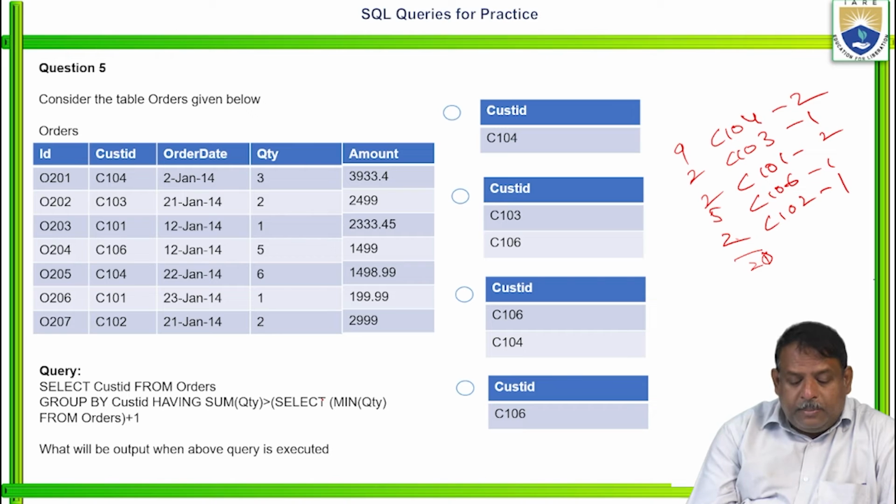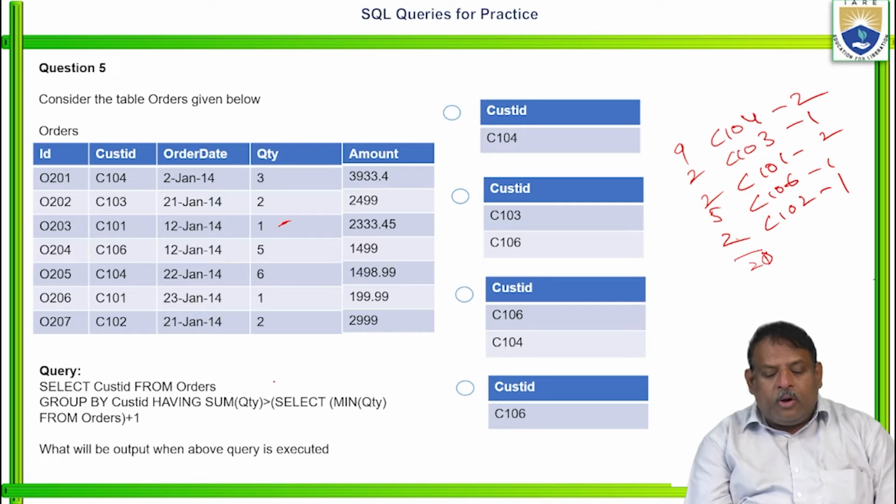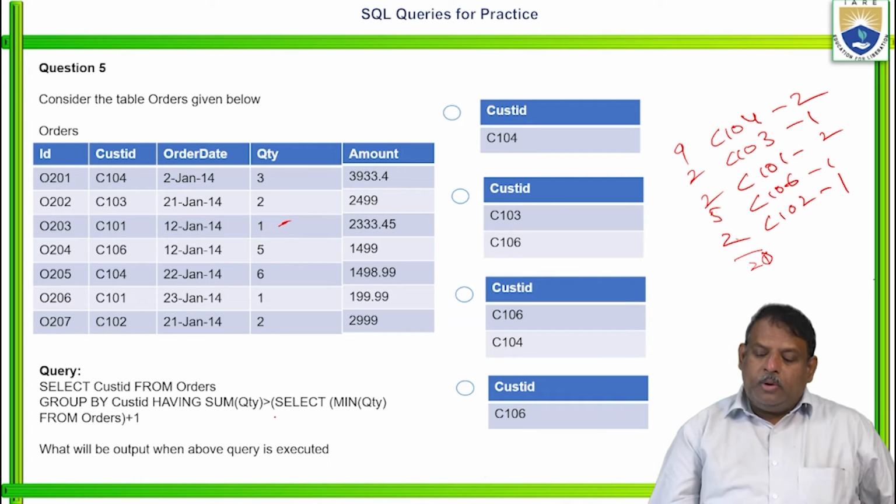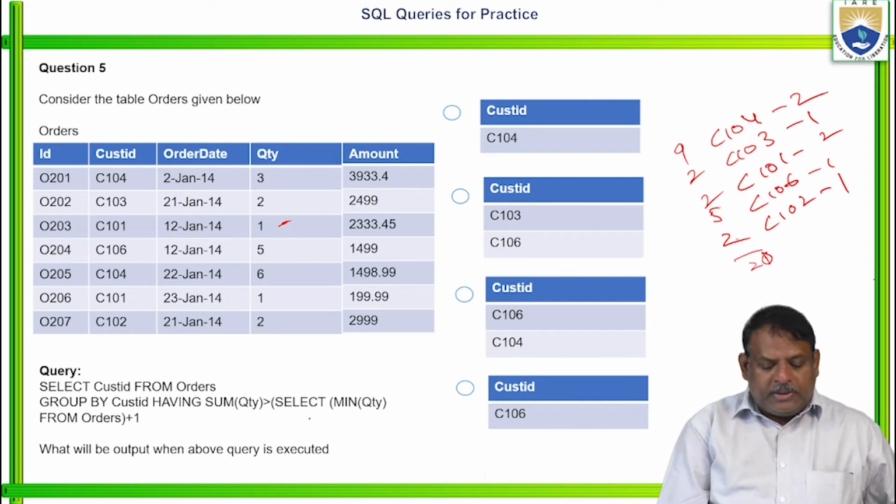Now here we have to apply the having clause. Sum of quantity is more than select minimum quantity from orders. What is the minimum quantity? Minimum quantity is 1 here. So plus 1. So the group data should have sum more than 2, because the minimum quantity is 1, plus 1, they are adding here. So it will be 2.